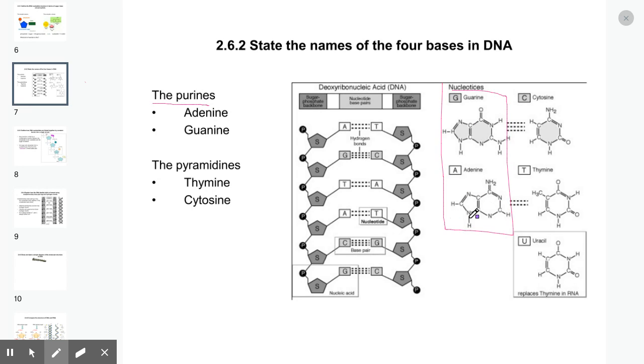So adenine and guanine are made of double rings. One way that I remember that, if you're very good at your symbols on the periodic chart of the elements, Ag stands for gold, and you have a pure gold ring to remember that they're made of double rings.